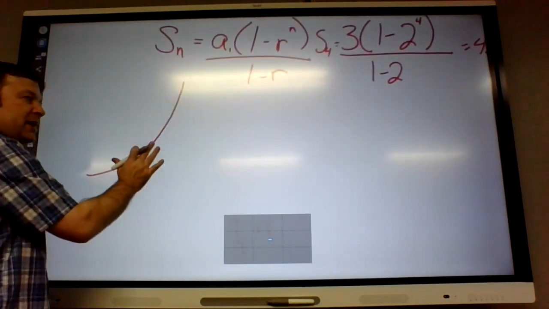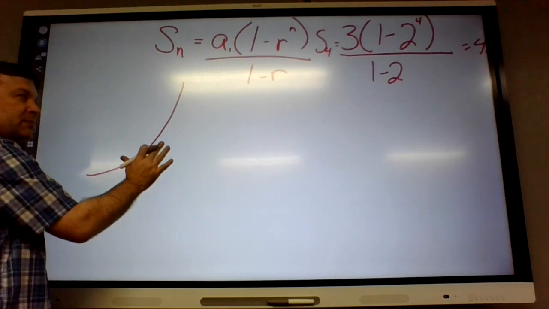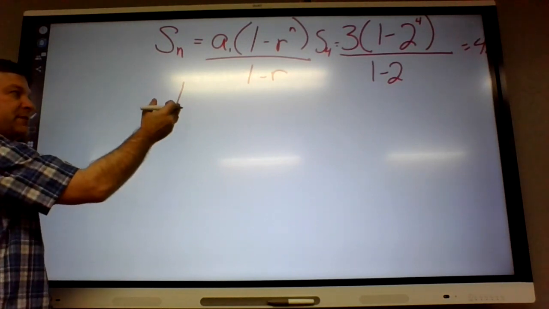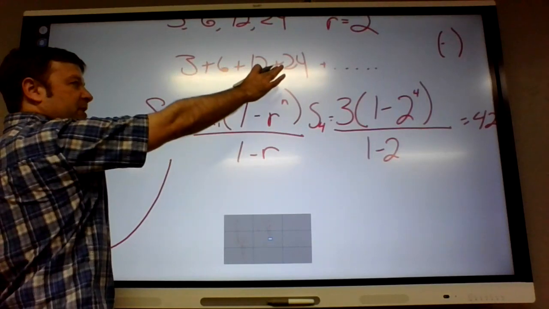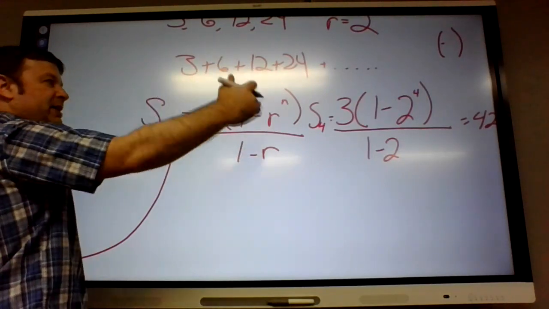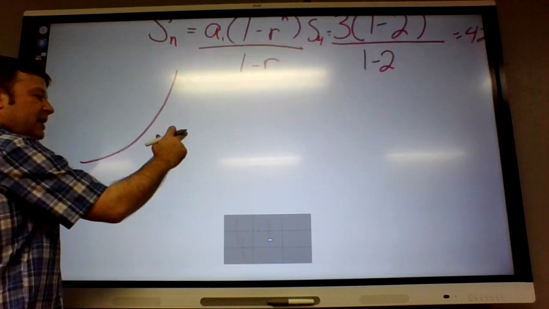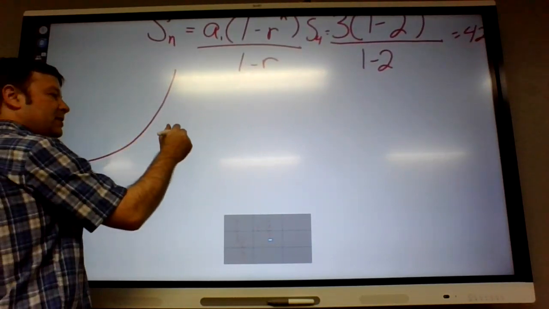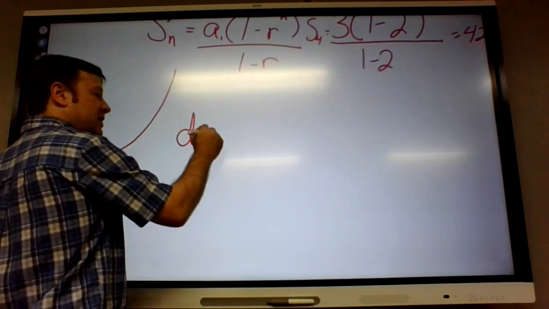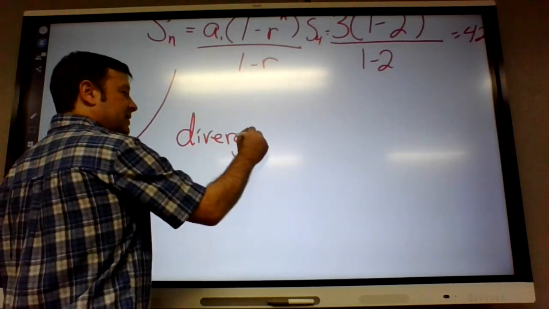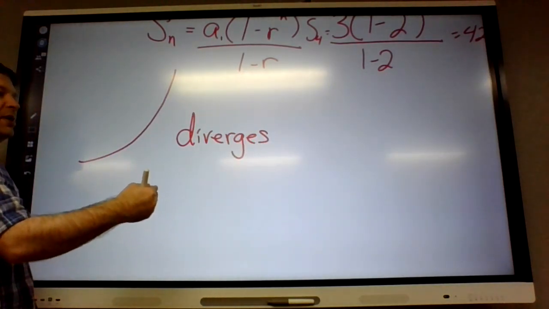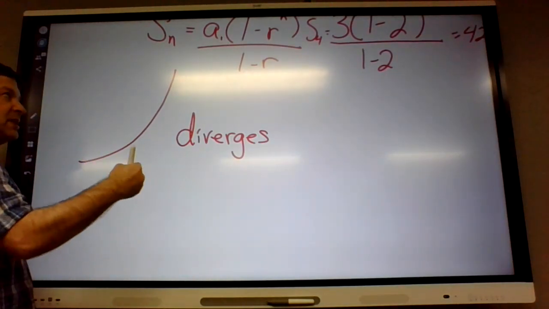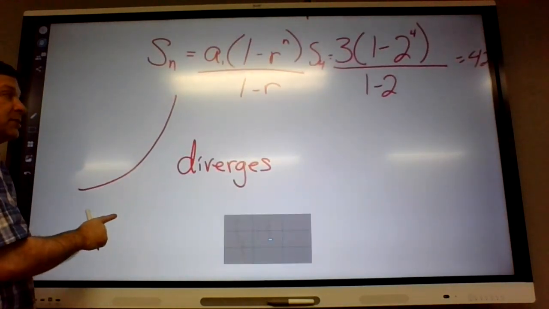If I try to add an infinite number of those terms, it would just head towards infinity. When it gets bigger and bigger like that, when you keep adding, it would just go up forever. And so it does not approach any value, and you would say the series diverges. In other words, it's not approaching a number. There's no value that it's gonna get close to.